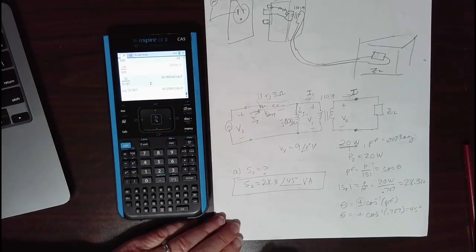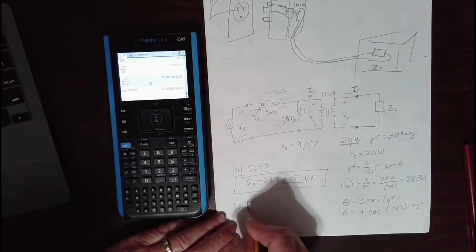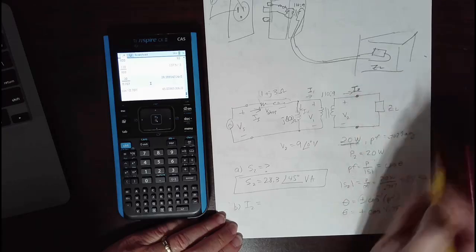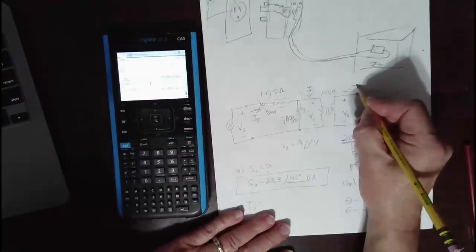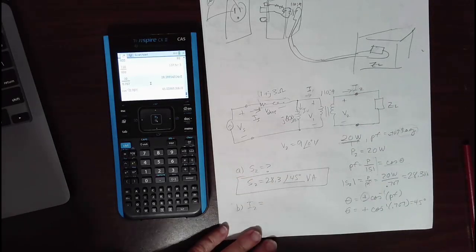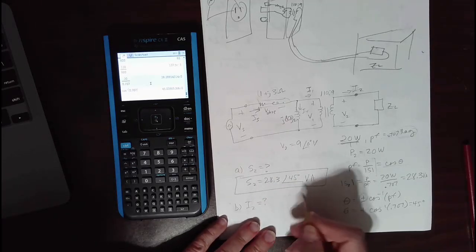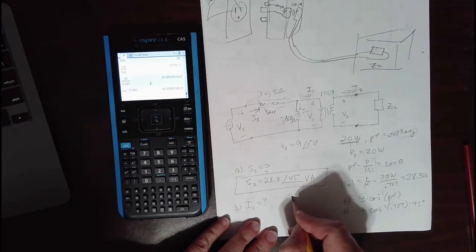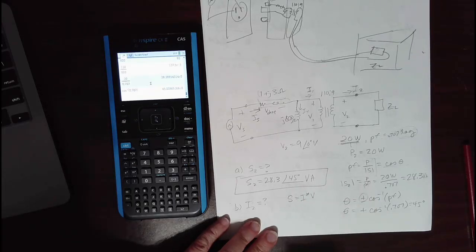Next thing we want to find is I2. What is I2? The current in the load. We can use the power information to get the current. We used to have P equals IV, but now we're complex, so we have S equals V I conjugate.